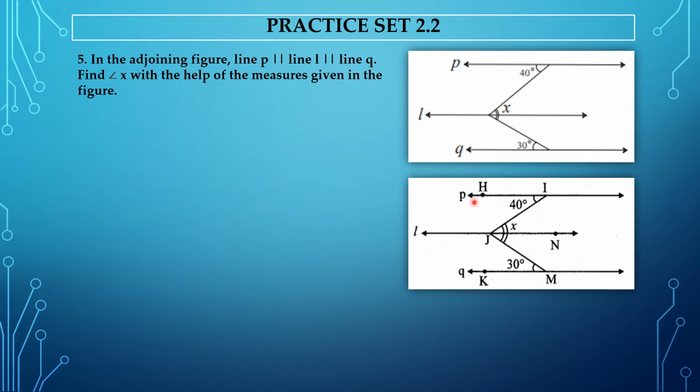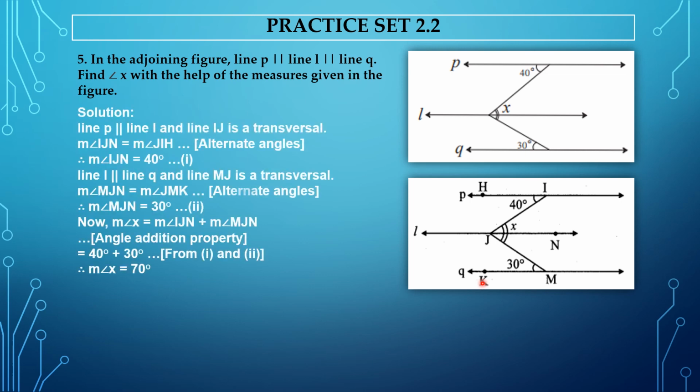Here we'll name one point on line P as H. Where it meets, where the 40 angle is given, write it as I. Then the point where angle X is formed, write J. Then on the same line L, write one more point here, N. Where the 30 degree angle is formed, that vertex you'll write M, and here write one point K, so that we can name the angles easily and find the answer.